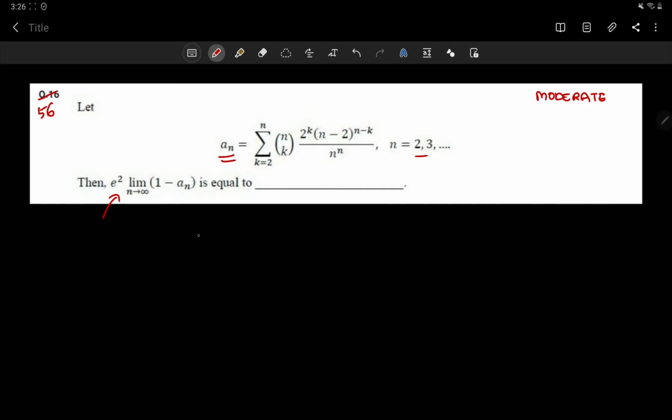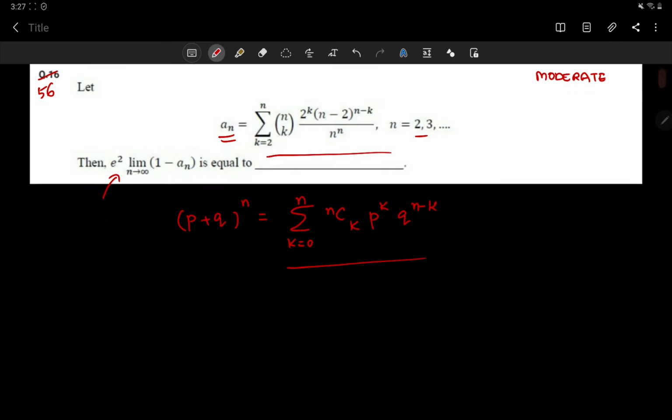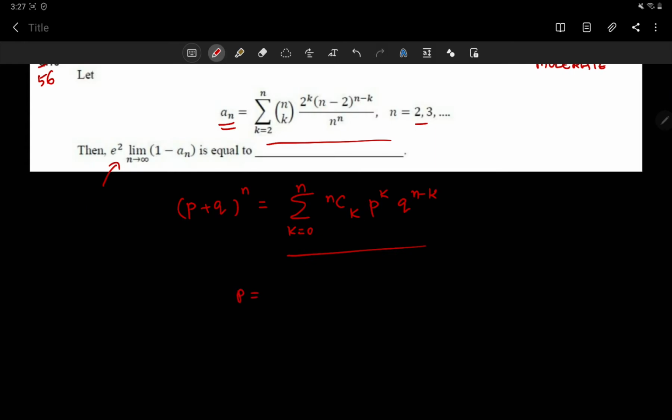Suppose, to understand it better, let's take (p + q)^n. ये कैसे लिखा जा सकता है बाइनोमियल में? nCk, यहाँ पे k इसलिए हम लोग ले रहे हैं, x भी ले सकते थे लेकिन k ताकि ज़्यादा बेटर समझ में आए, which is p to the power k, q to the power n minus k, k is from 0 to n. अब हम लोग इसको इससे कंपेयर करेंगे, तो p to the power k, मतलब p should be 2 because here 2^k is p^k, and q should be n minus 2 because n minus k is n minus 2.